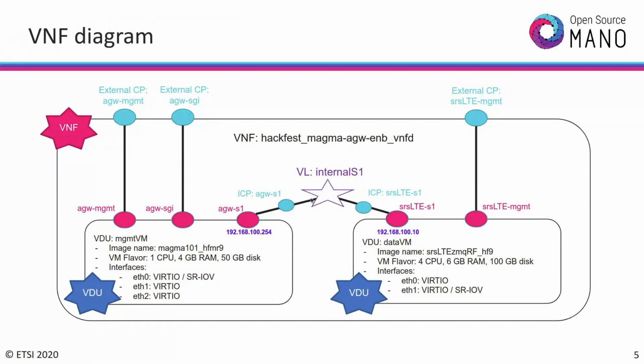So we have this internal network that interconnects two internal connection points, which will have fixed IP addresses. It is okay to have fixed IP addresses inside a VNF because usually an internal network or internal VLD is not routable to the operator's environment. So it's safe to use private or fixed IP addresses.